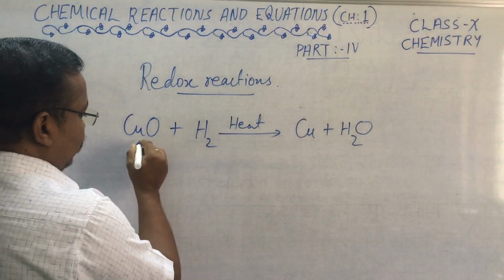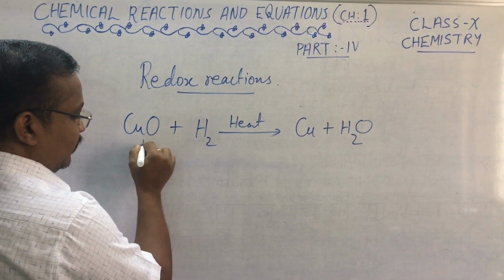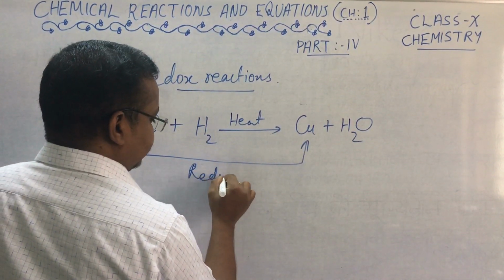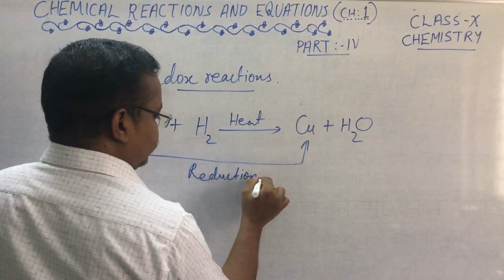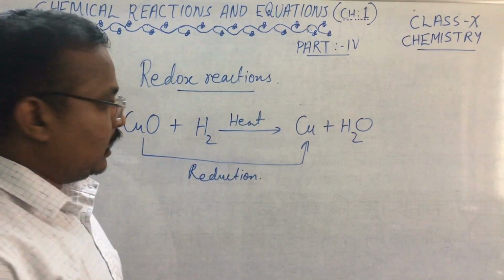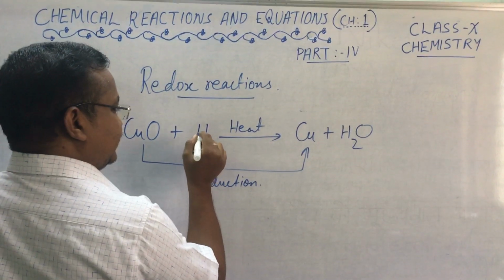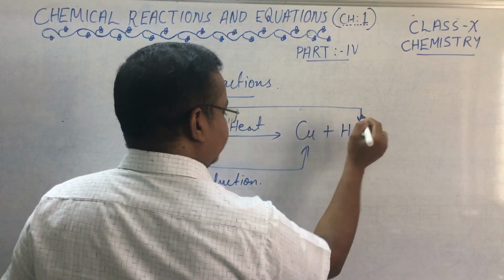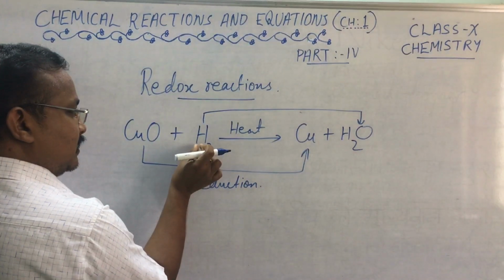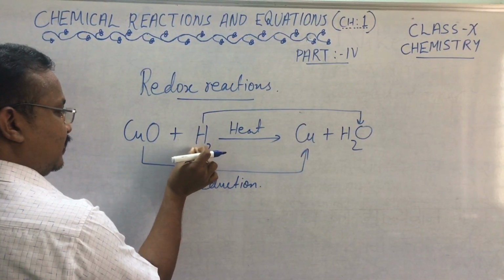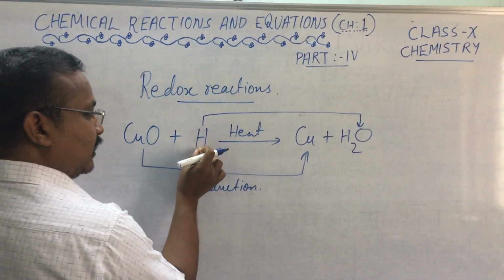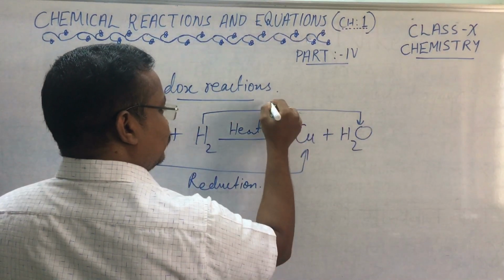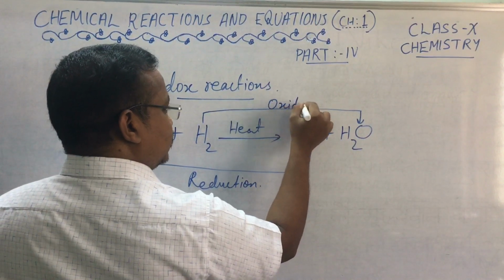So removal of oxygen from a species we call reduction. And to the hydrogen, oxygen is actually added. The hydrogen gets oxygen added to form an H2O molecule. So we can say this is an oxidation reaction.